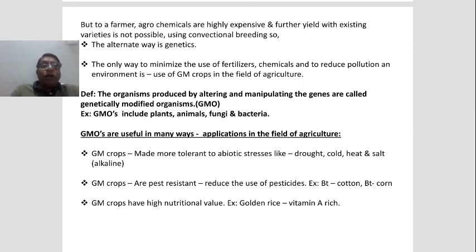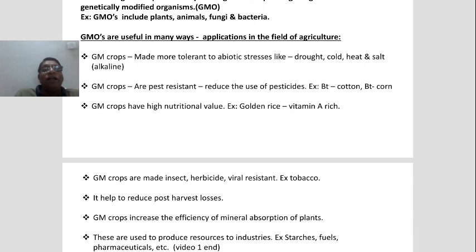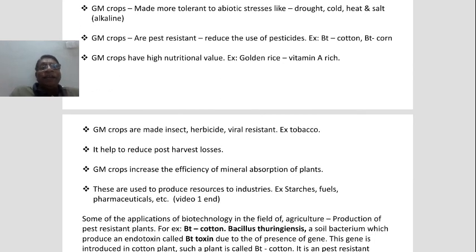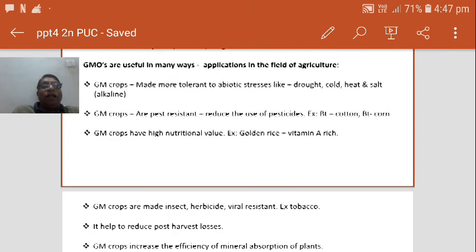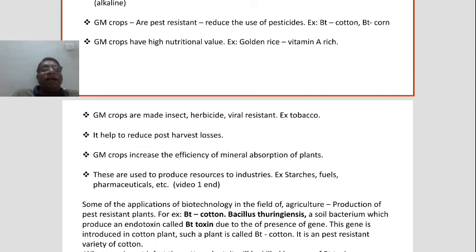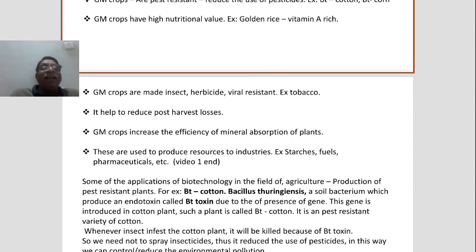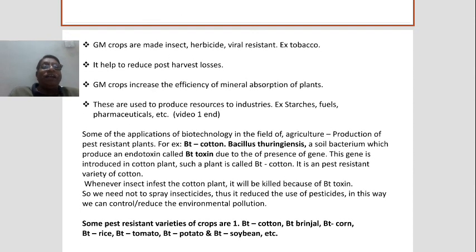So we are able to produce nutritionally rich rice, golden rice. Next, GM crops are made insect resistant, herbicide resistant, viral resistant varieties.